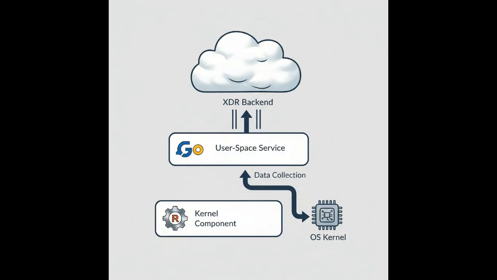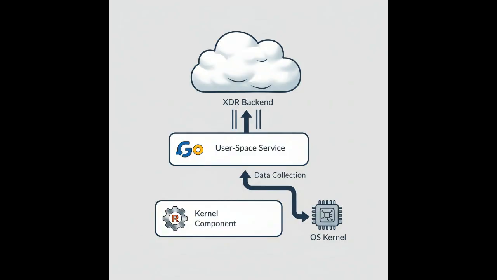For the agent's user space services and the backend data pipeline, Go is an excellent complement. Its powerful concurrency model is perfect for handling the high-throughput data streams our agent will generate. We also have to consider where our code runs. Kernel mode gives us the highest level of privilege, but a single flaw can crash the entire system.